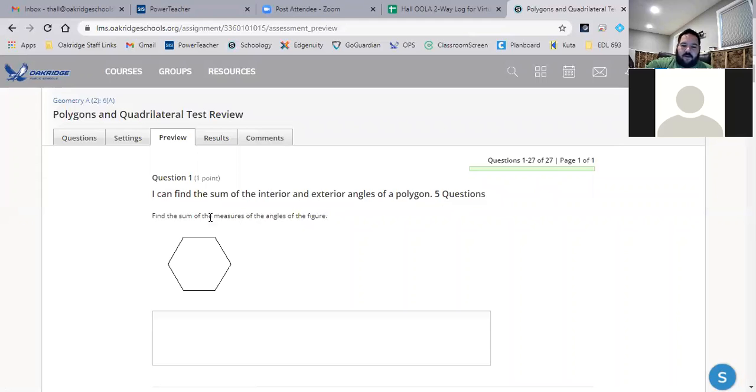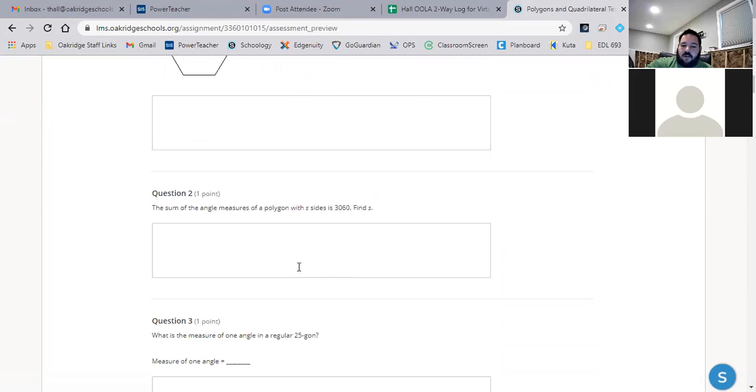It's broken up by the learning target. So finding the sum of the interior and exterior angles. Remember, we had that formula to find the sum, and that's in your notes. So n minus 2 times 180 is going to give you the sum of your interior angles. And then you can divide that by the number of angles to find what each angle measure is.